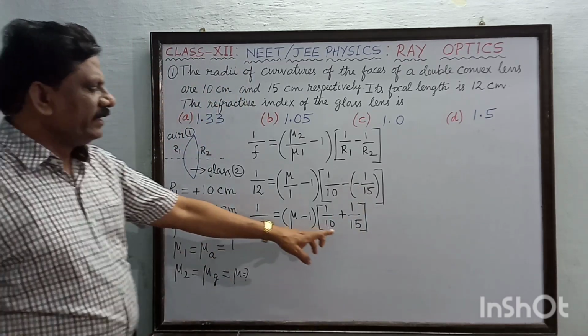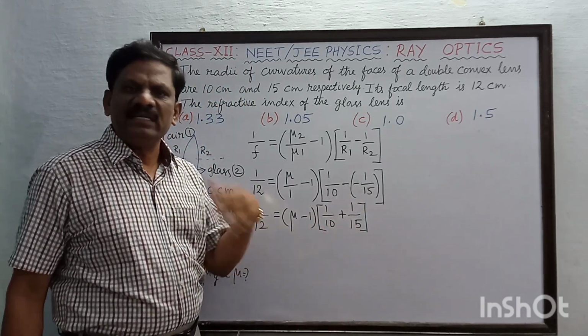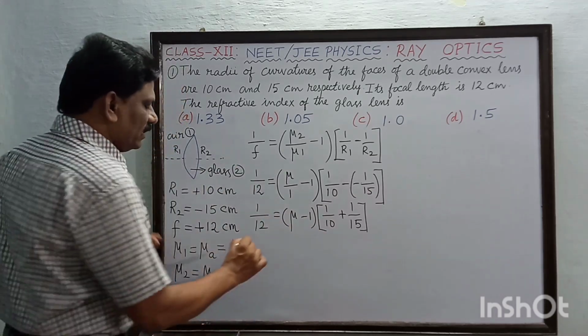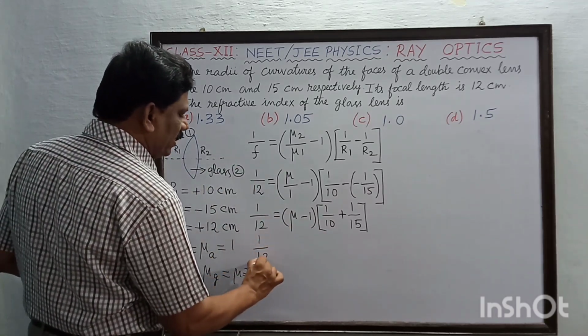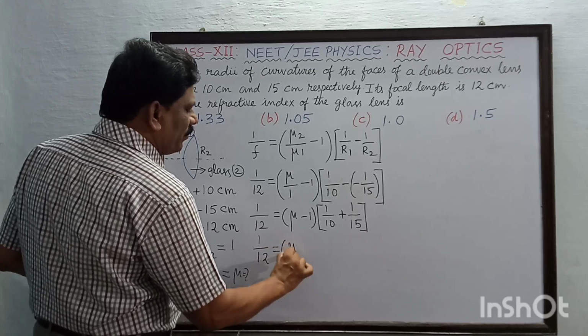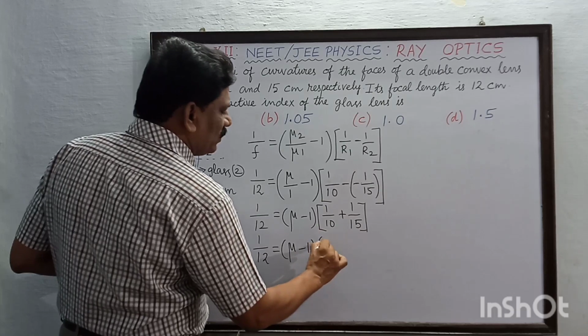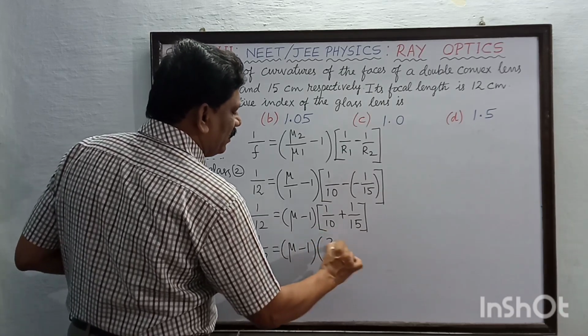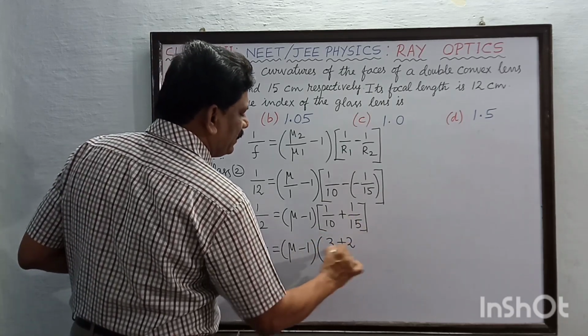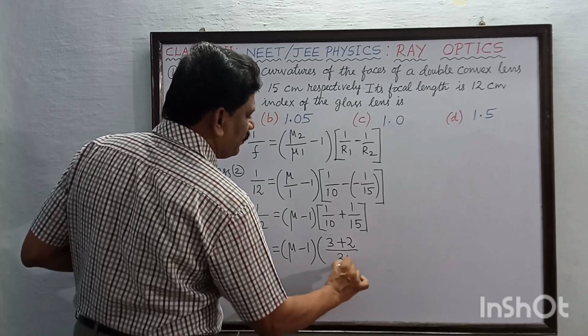In the bracket, the LCM of 10 and 15 is 30. So 1 by 12 is now equal to (mu minus 1) into 30 as the LCM. So this is 3 by 30 plus 2 by 30, so 3 plus 2 divided by 30.